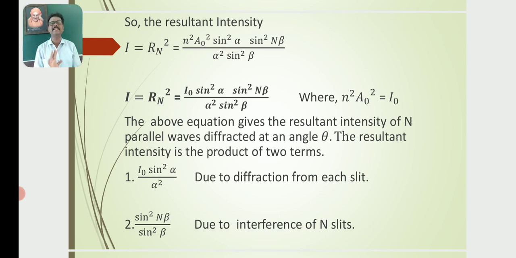The resultant intensity is the product of two terms. I naught sin square alpha by alpha square is the term due to diffraction from each slit. The remaining part, sin square n beta by sin square beta, is due to interference of n slits.